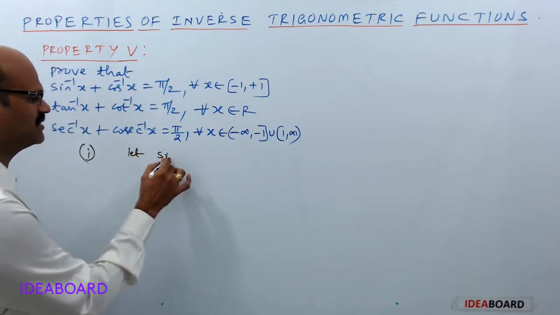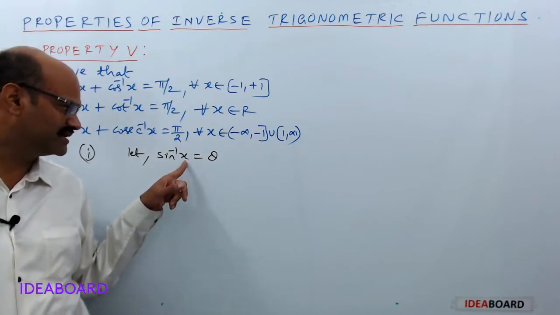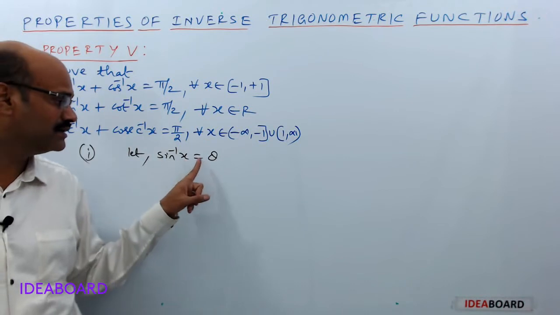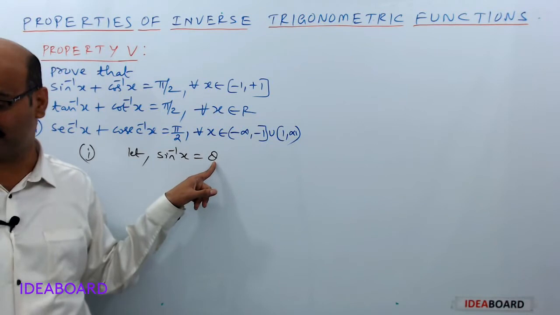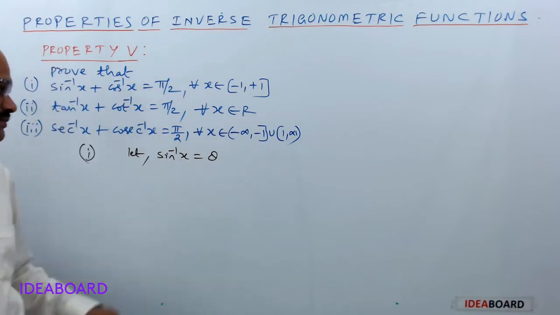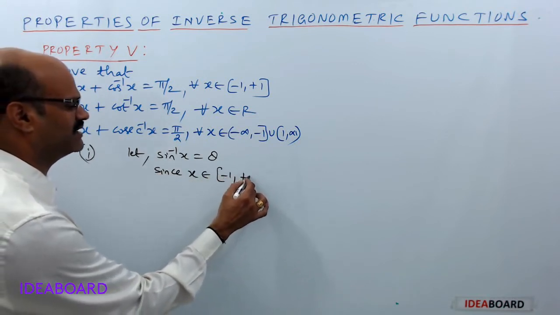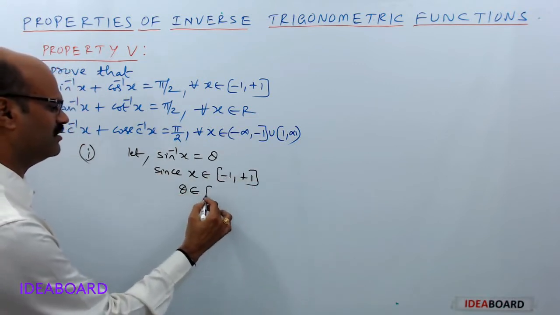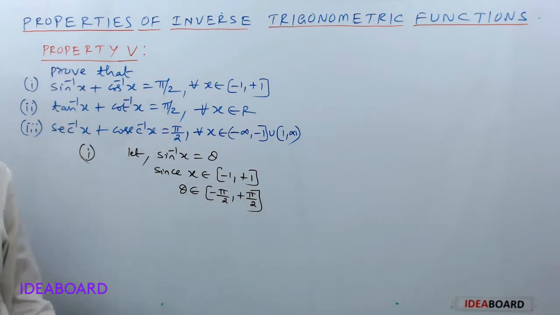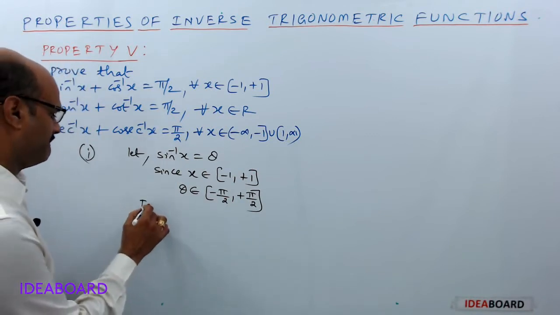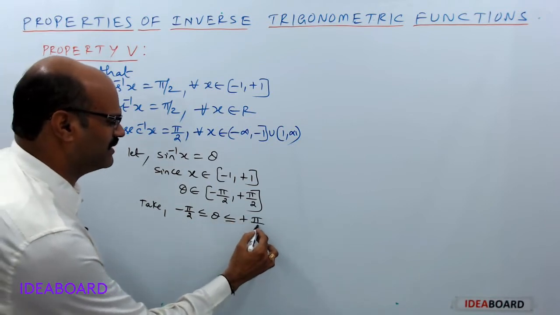Let the sine inverse of x equal to theta. Since x belongs to closed interval minus 1 to plus 1, theta belongs to closed interval minus pi by 2 to plus pi by 2. Take minus pi by 2 less than or equal to theta less than or equal to plus pi by 2.